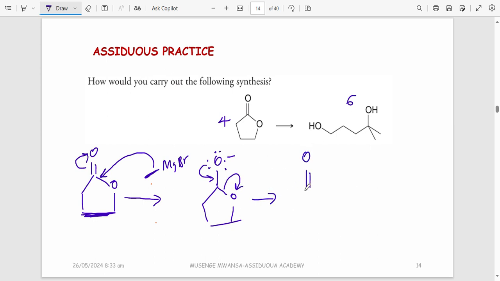So we form back our double bond. So this is how it was supposed to be. But now this one is no longer going to be attached to the other, and this guy is going to be negatively charged. This guy is supposed to grab a hydrogen because we are going to have protonated water.